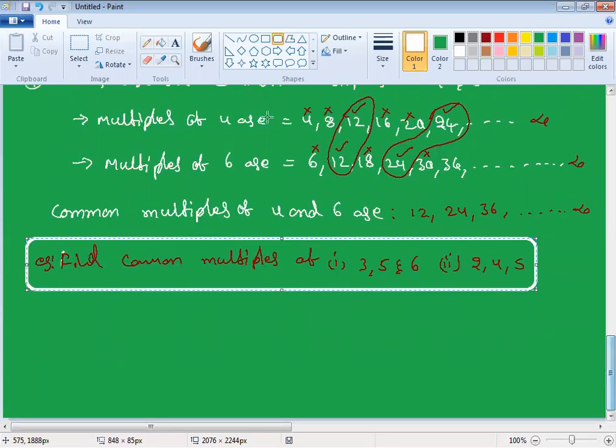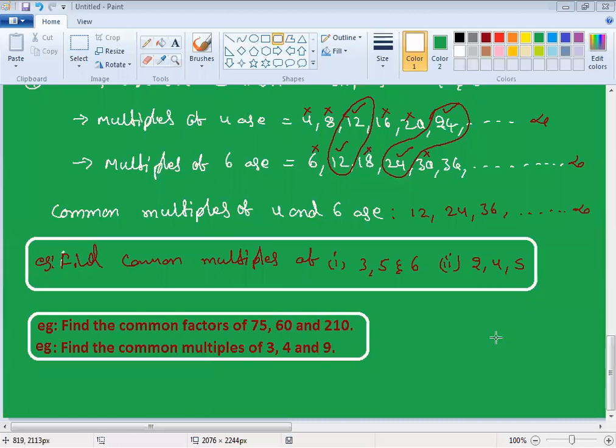Okay. Now continuation. Some questions are there. Those also I am giving you. Just be online. What is being asked? See, find the common factors of 75, 60, 210. When you are finding common factors, take the big numbers, no problem.